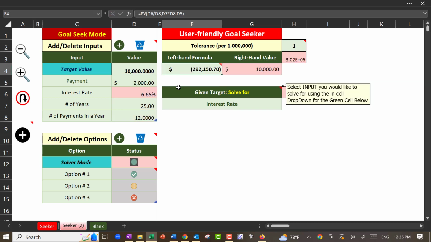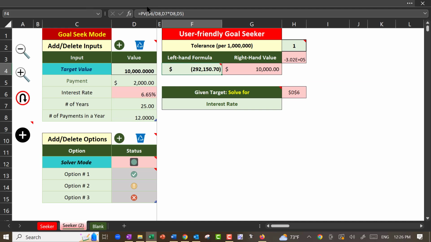Now I have something that says, if I tell you the periodic payments, the annual interest rate, number of years, and number of payments in a year, that's the present value of that. Now I'm going to ask the following question. Let me go back to red mode.